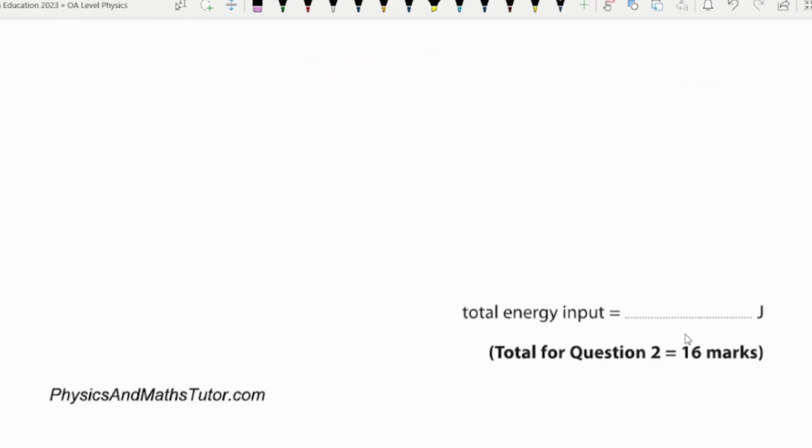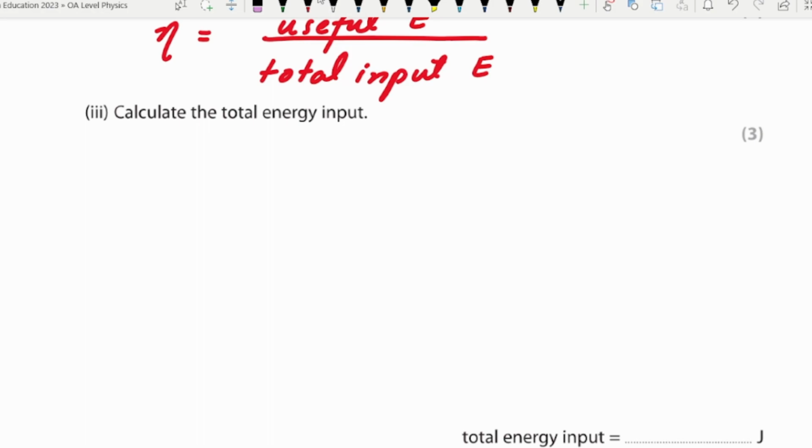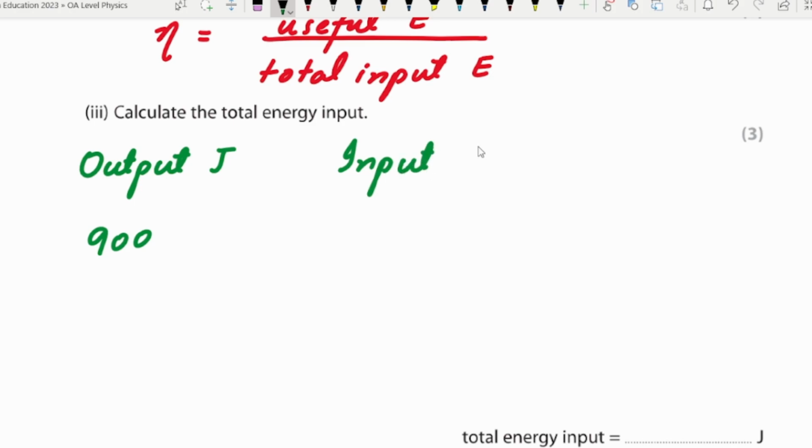Okay, let me explain this one here. The useful output is 900 joules, and the input energy is unknown.